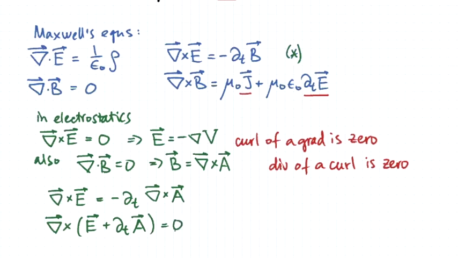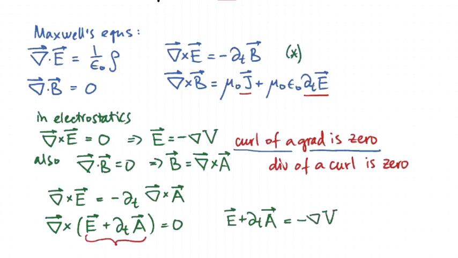So once again, using the fact that curl of a gradient is zero, we can equate this quantity in parentheses to a gradient of a function of potential.